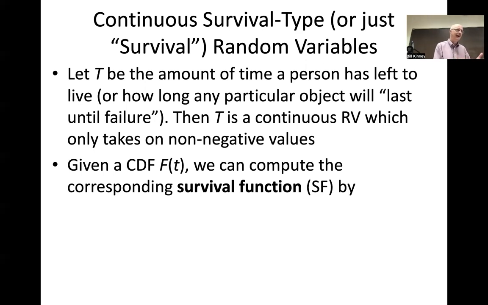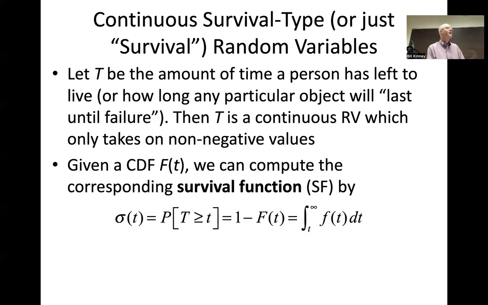That's the probability that capital T is less than or equal to little t. That's a CDF always. The corresponding survival function is just its complement, 1 minus capital F of T. It's the probability that capital T is greater than little t. You could use a strict greater than here, or a greater than or equal to, because it's a continuous random variable, it doesn't matter.